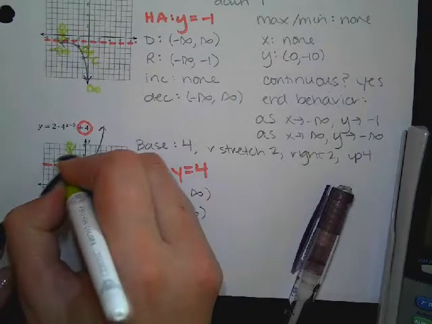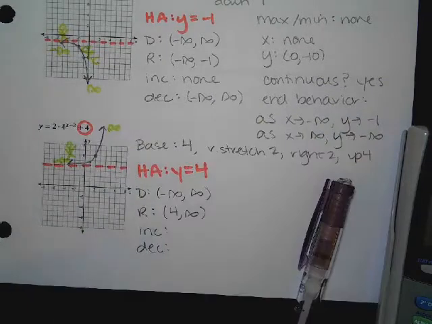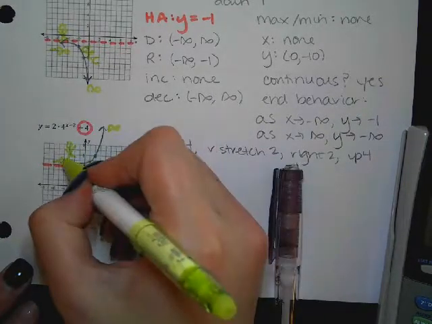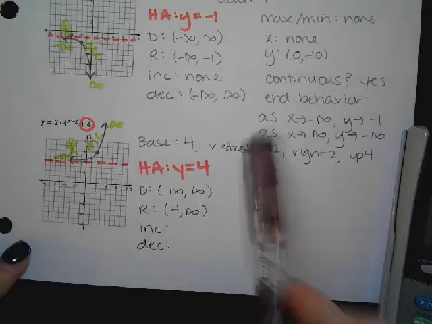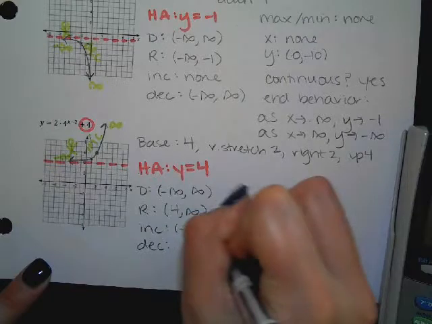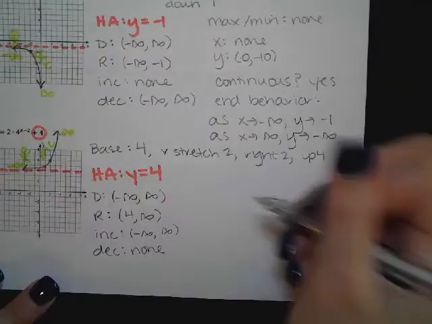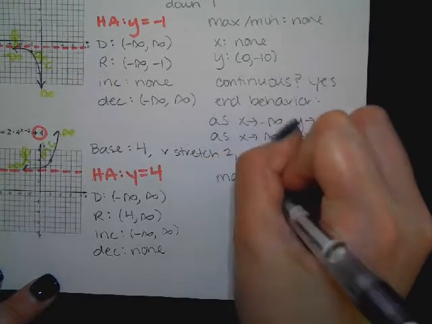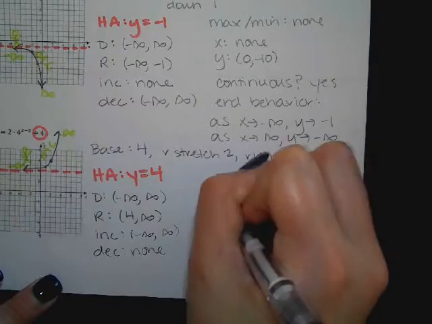So here's negative infinity because that's a left arrow. Here's positive infinity for a right arrow. And he is walking up a very steep hill, so that's increasing. So we will say he is increasing from negative infinity to infinity, and he is never decreasing. Again, we don't have a max or a min. There are no mountaintops or valleys in these graphs.